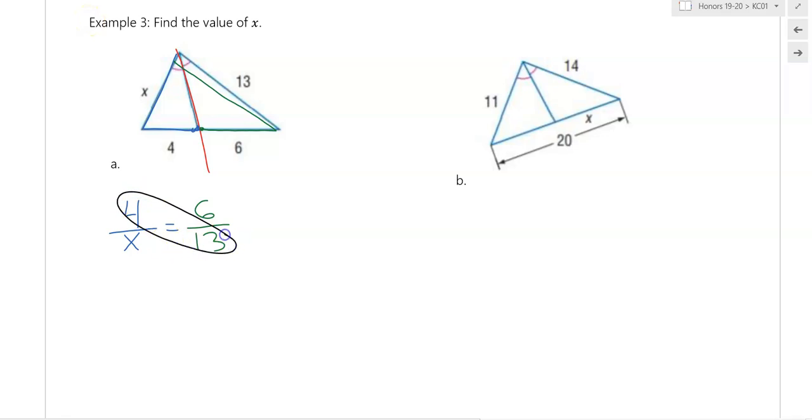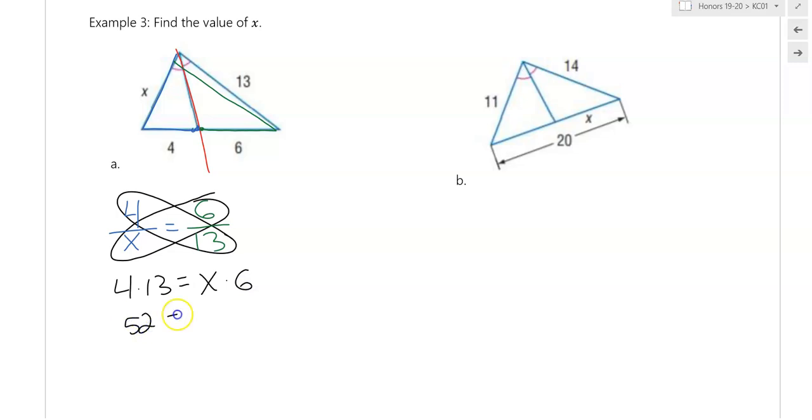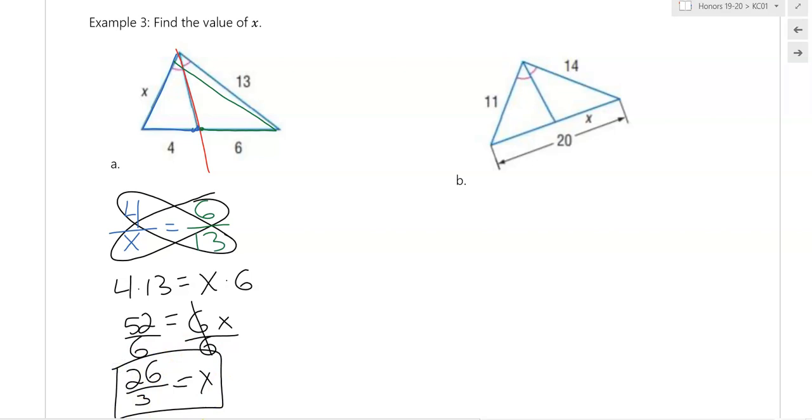So 4 times 13 equals x times 6. We have 52 equals 6x. And I divide by 6 to cancel that out. And then 52 over 6, we're just going to leave it as 26 thirds. Again, this is not a real world problem, so we don't need to write it as a decimal.